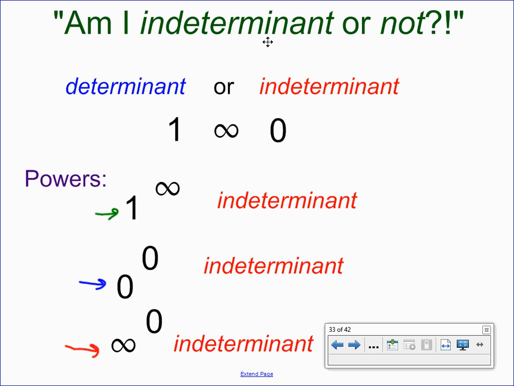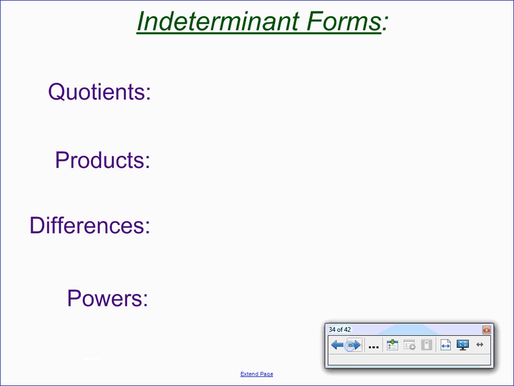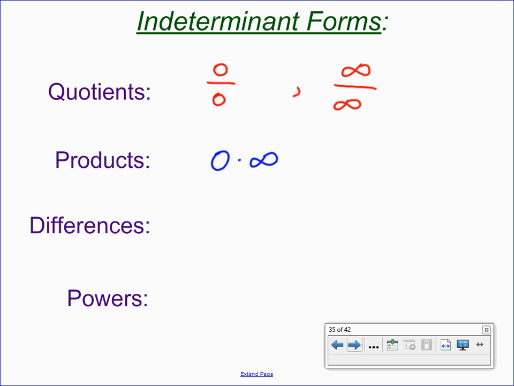All right. So let's go ahead and, without further ado, get down our indeterminate forms. So everybody on our note sheets, we've got our indeterminate quotients, these authorize the use of L'Hopital's, they include 0 over 0, and infinity over infinity. We have a single indeterminate product, 0 times infinity.